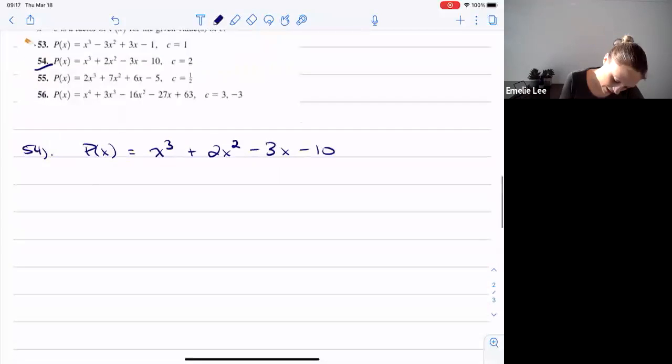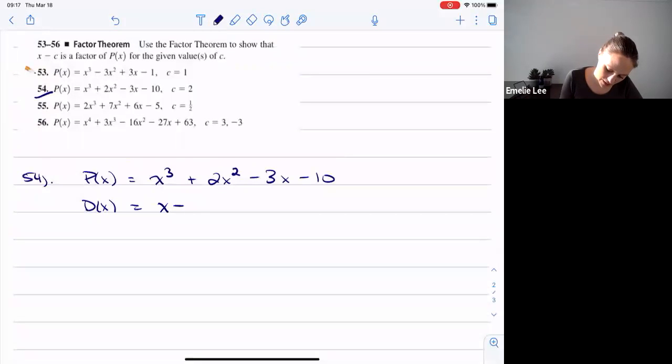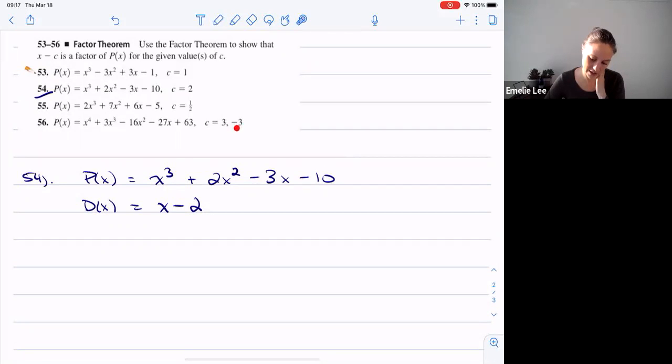And D of X in our case is going to be X minus C, but C we're forcing to be 2. If you glance ahead to 56, when you have to let C be -3, that's exactly what we just talked about. Then you would have X plus 3 as your divisor.